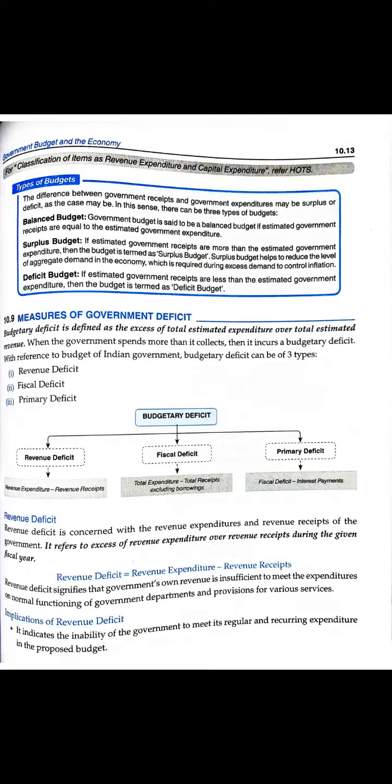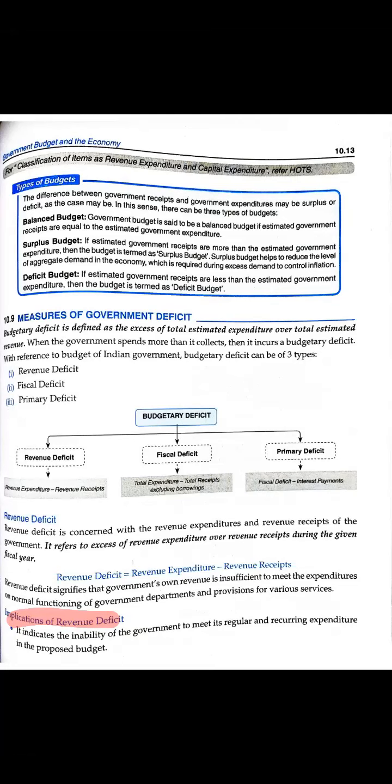So how can we correct those situations? That is what we call implications. So the first implication is what? It shows the inability of the government to meet its regular and recurring expenditure in the proposed budget.